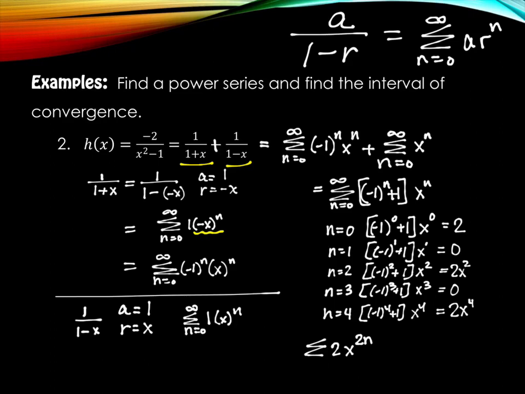And I need to make sure that it really will, in fact, start at n equal to 0 and go to infinity. So you have to double check your starting and ending point sometimes to make sure that it's going to work for you. That's why, if it were odd powers, I said, do you want n plus 1 or n minus 1? Or 2n plus 1 or 2n minus 1? And I said, it depends. So if you put in n equal to 0 here, will you get 2?